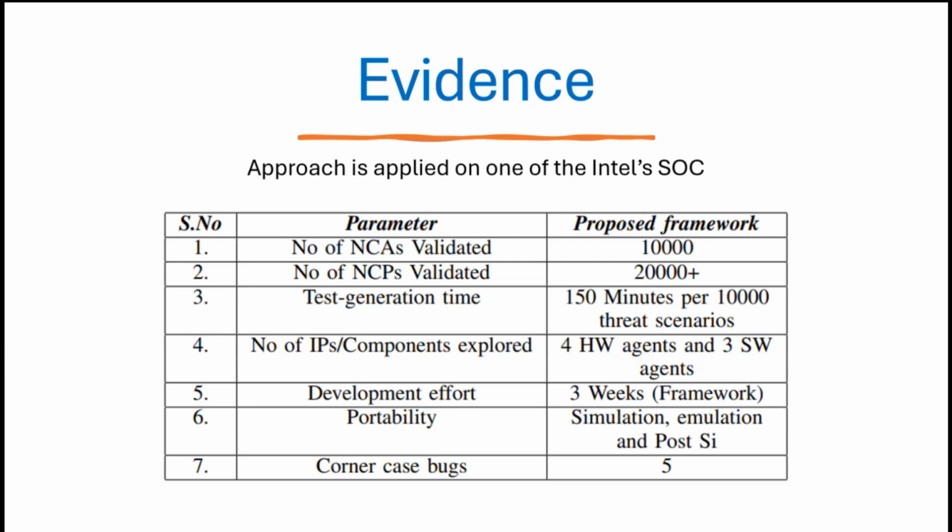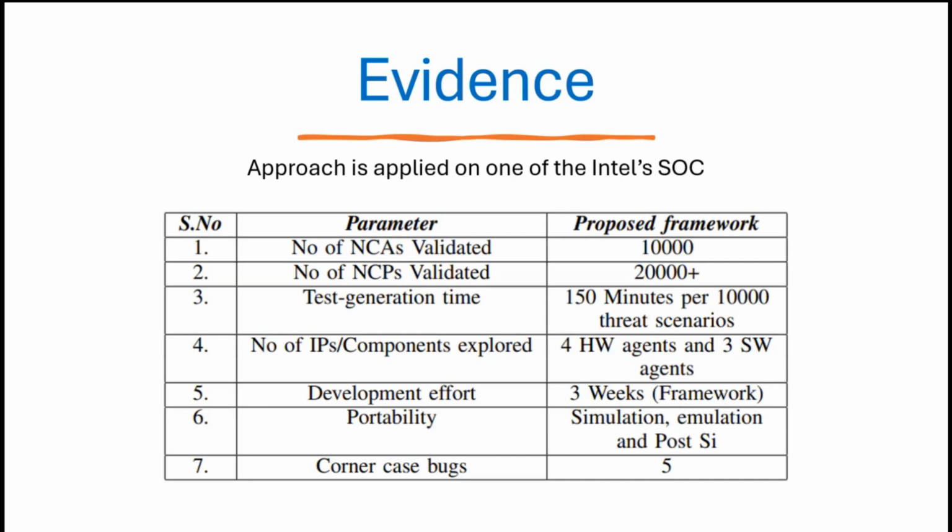In our case, when we generated tests and properties, we devoted just 150 minutes of test per 10,000 threat scenarios. In terms of IPs and components, we explored 4 hardware agents and 3 software agents, and it was 3 weeks of development work. The properties we unearthed were seamlessly usable at different levels: simulation, emulation, and post-silicon.